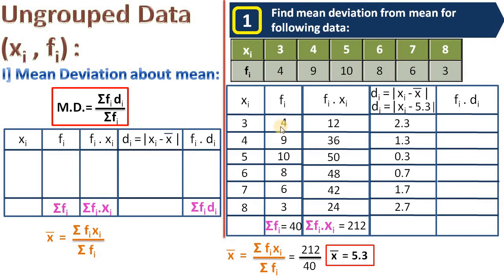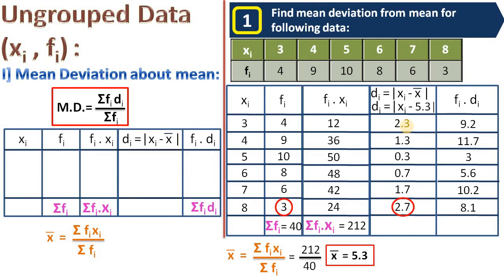So the first fi is 4. It is multiplied by the first di, 2.3, which equals 9.2. Now multiply the second fi, 9, by di 1.3, which is 11.7. 10 into 0.3 is 3. 8 into 0.7 is 5.6. 6 into 1.7 is 10.2, and 3 into 2.7 is 8.1.